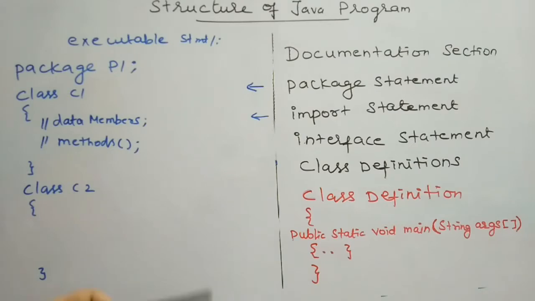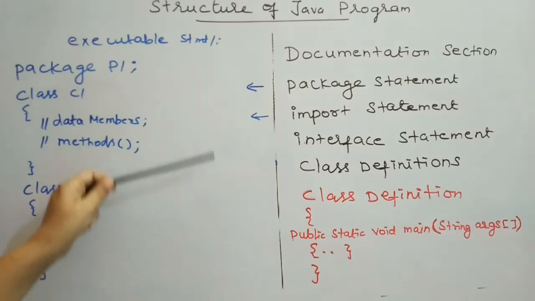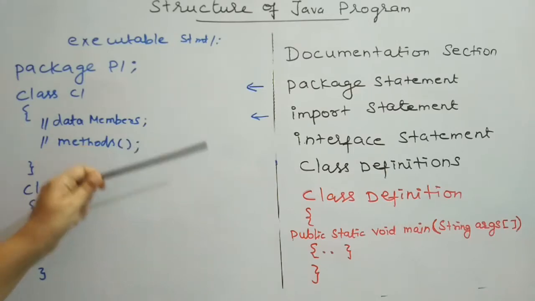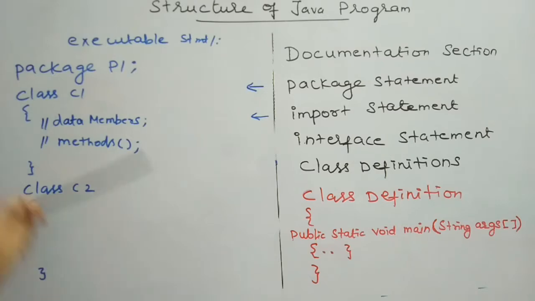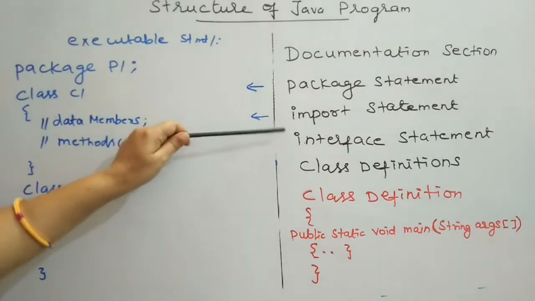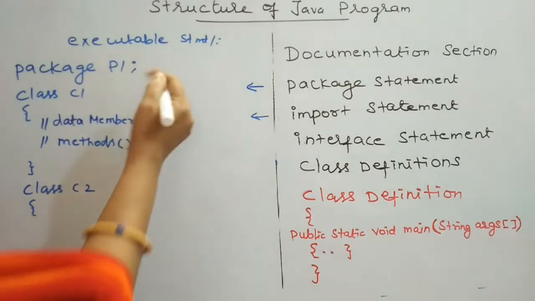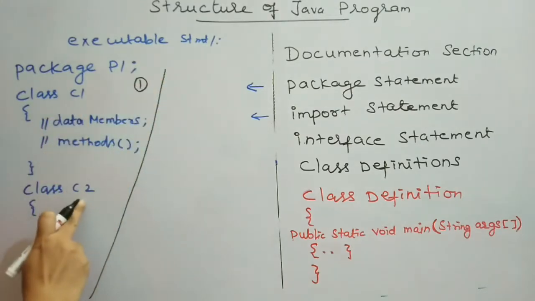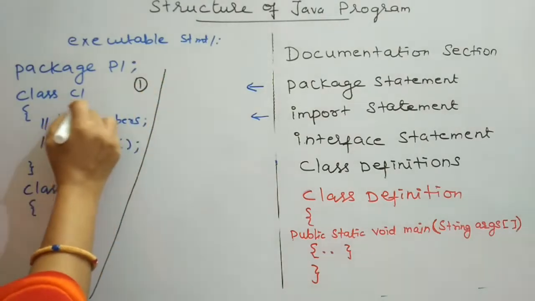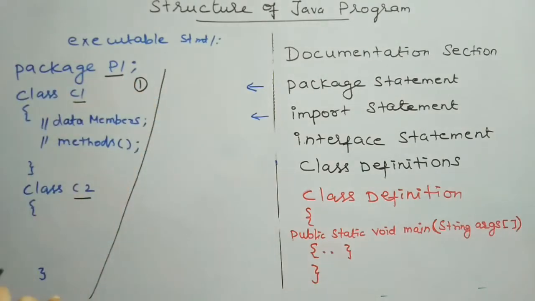In C programming, if I am making use of any built-in function, I need to include the header file which contains the definition for the built-in function which I am making use of. Like the same, the import statement is used to import the class definition. For example, in one Java file, I have defined two class definitions, C1 and C2, grouped inside this package P1.